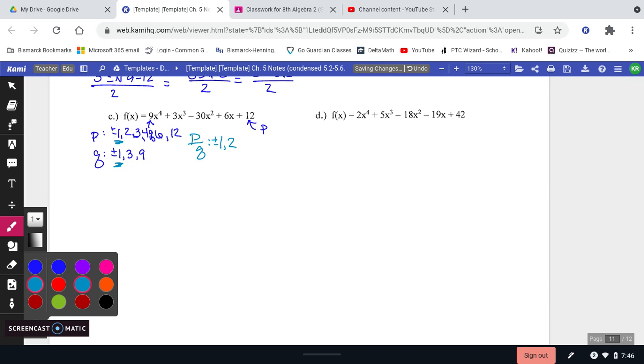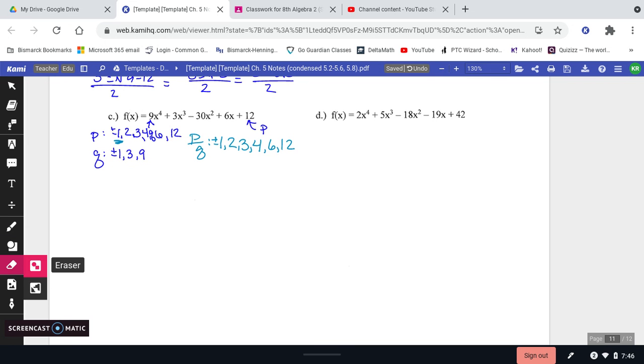So I'm going to have 1, 2, 3, 4, 6, and 12. Then I'm going to divide everything by 3. 1 divided by 3 gives me 1/3.